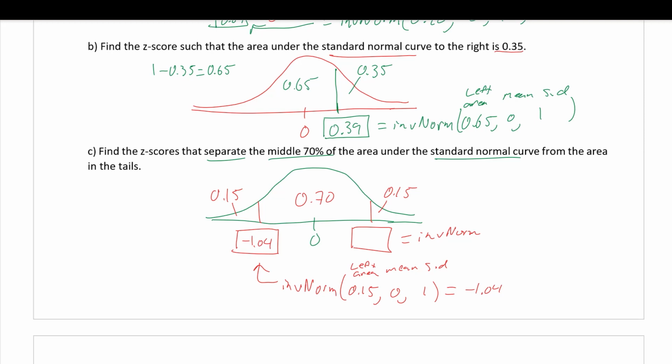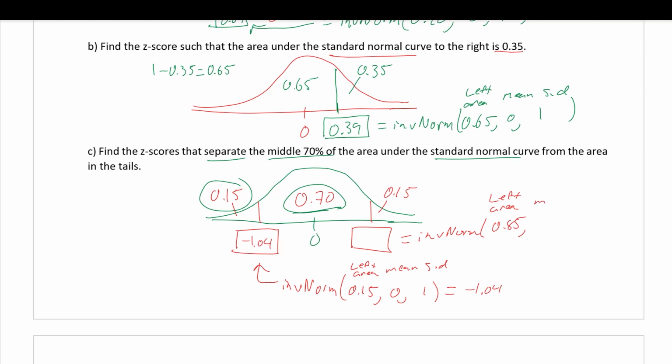Now this other one over here, you got to be a little careful. The most common thing people would write here would be, oh, the area to the left is 0.70, but that's not true. The area to the left is 0.70 plus an additional 0.15, right? So we have to add those up to be 0.85.